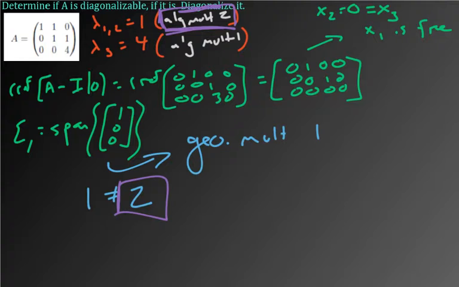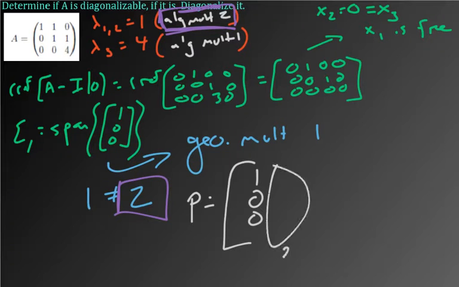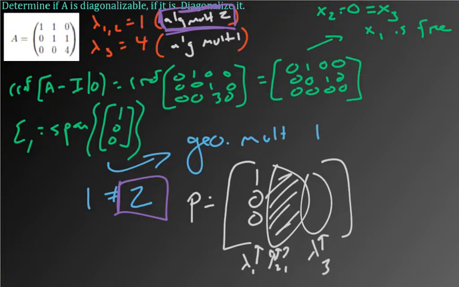The idea is basically if you went to try to create this matrix P, that should be invertible, you could put in 1, 0, 0 as one of the columns in there, but you would really want to put in another one because you need this to relate to lambda 1 here, and lambda 2 is also 1 there. Lambda 3, sorry, which is equal to 4, would give us something here, so that part would be okay. This is the one that we would not be able to get, and then you would basically have a non-square matrix that you couldn't even take the inverse of, and things like that.